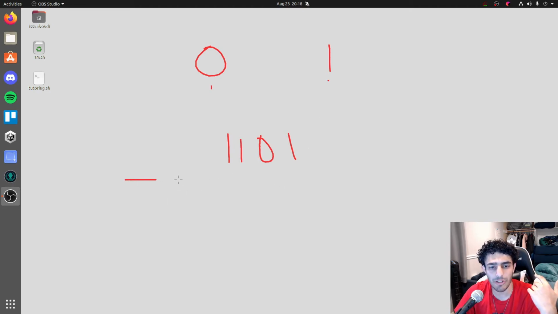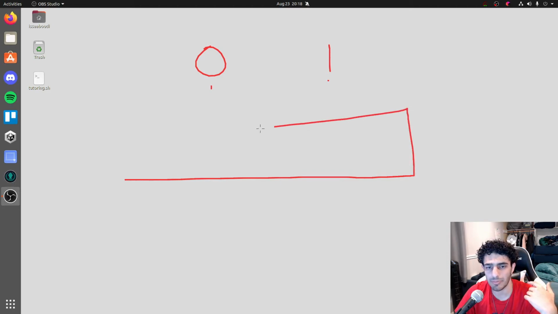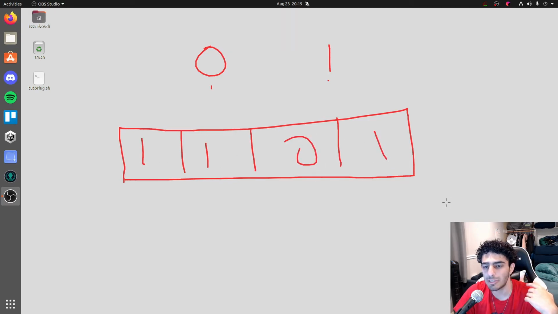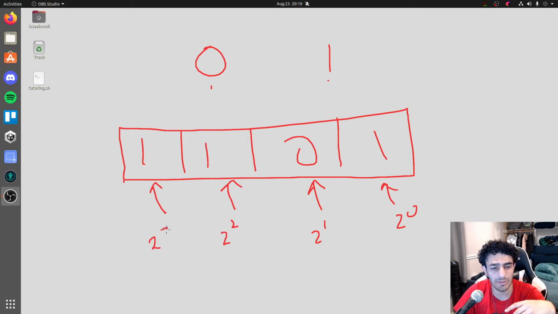We can break this up into a little box. We'll use 1101. This place is the first index, 2 to the 0. Right here is 2 to the 1, here is 2 to the 2, and here is 2 to the 3.